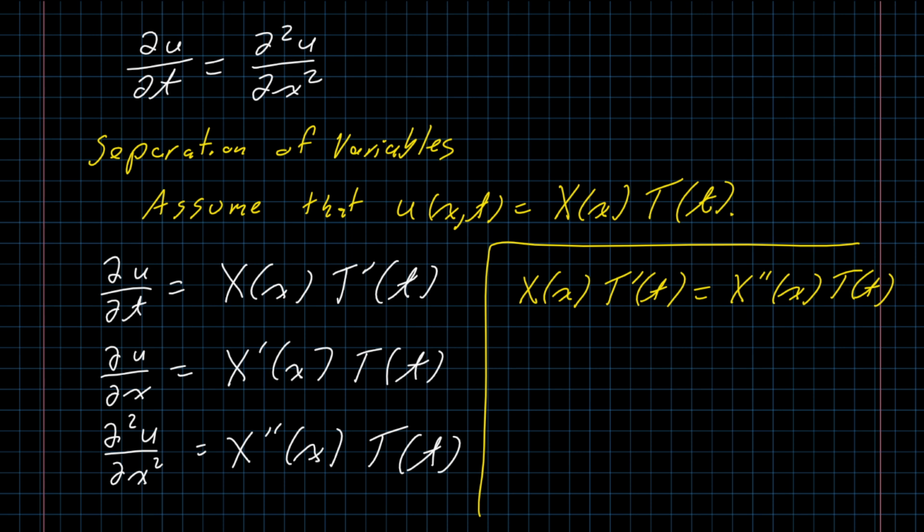If I divide both sides of this equation by u, that is by big X of x times big T of t, then the X of x will cancel on the left-hand side, and I'll have T prime of t over T of t. And the T of t will cancel on the right-hand side, and I'll have X double prime of x over X of x.